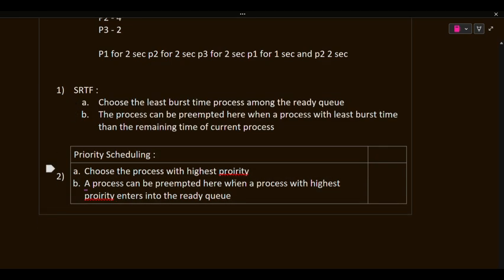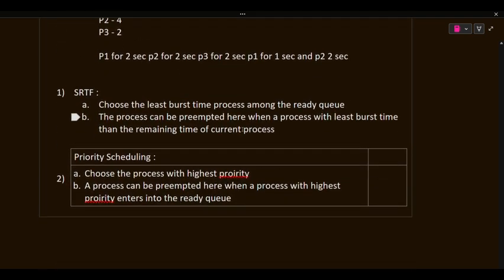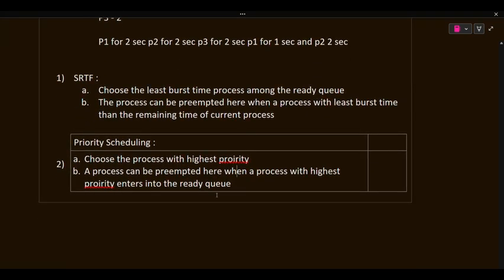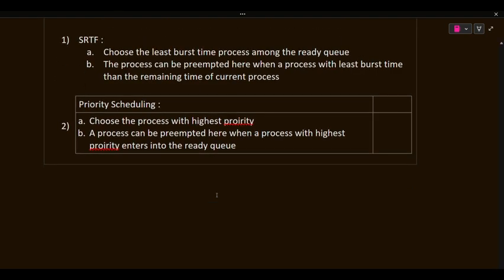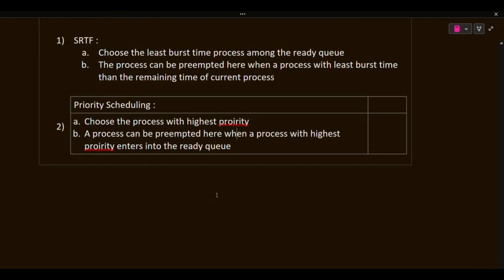So this is all about the preemptive algorithms, in which the process can be preempted without even executing the entire process. And by this, we have successfully completed the CPU scheduling algorithms.